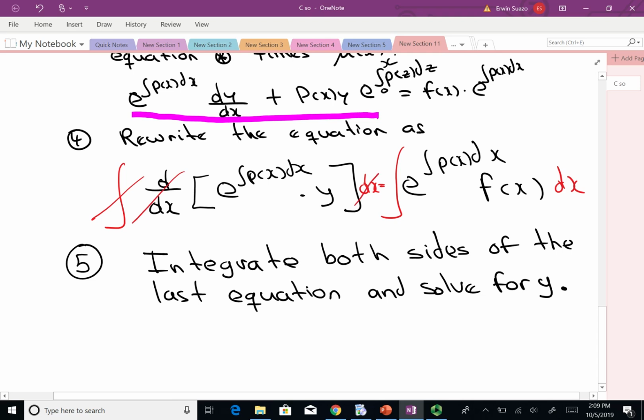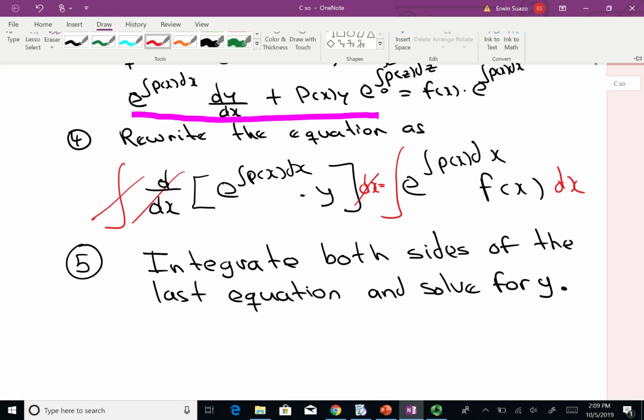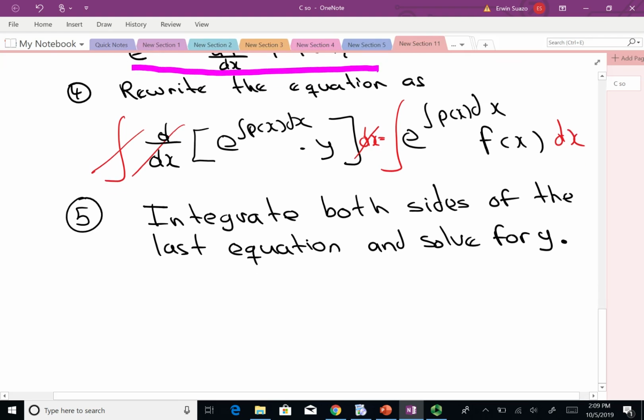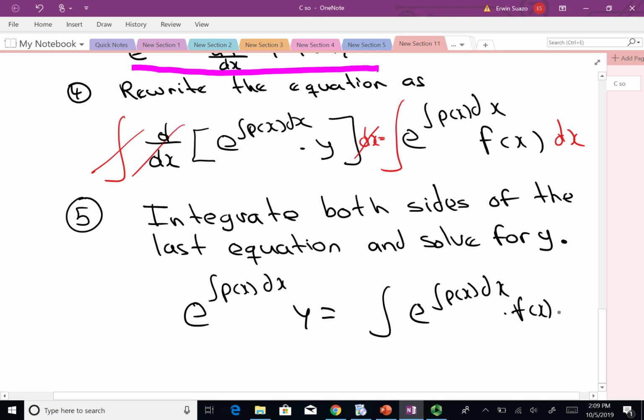That's basically the fundamental theorem of calculus too. So we get e to the integral of p of x dx times y equals the integral of e to the integral of p of x dx times f of x dx.